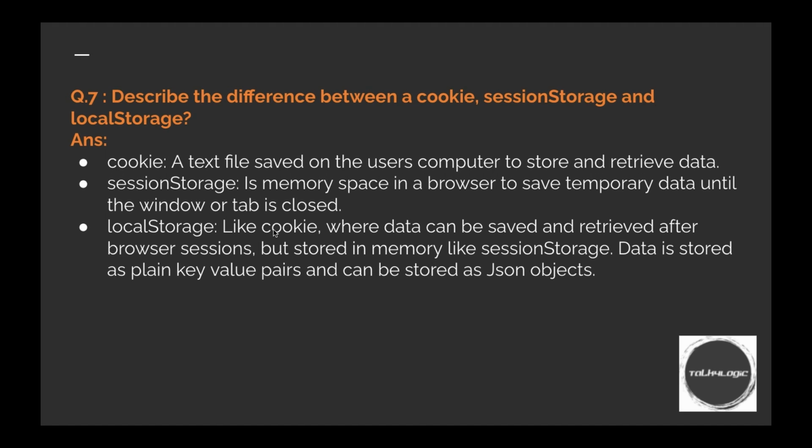Local storage, like a cookie, lets data be saved and retrieved after browser sessions, but it is stored in memory. Like session storage, data is stored as plain key-value pairs and can be stored as a JSON object.